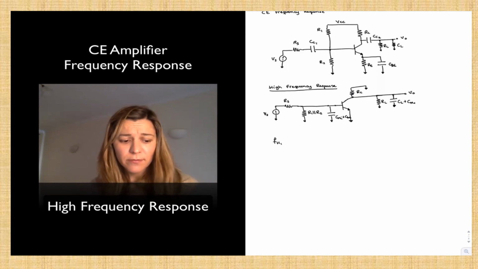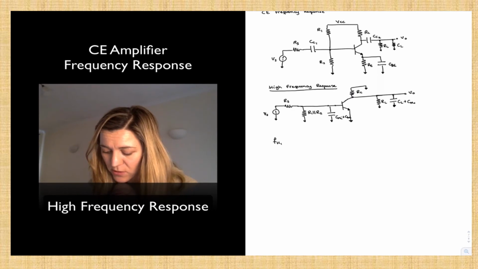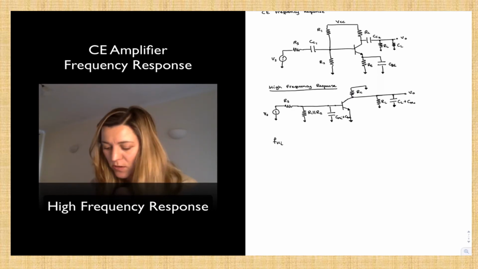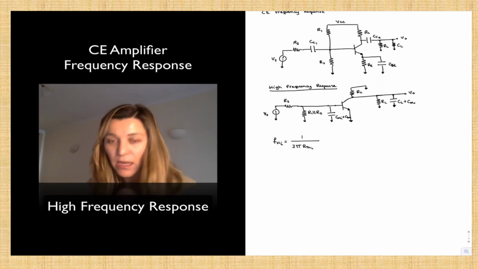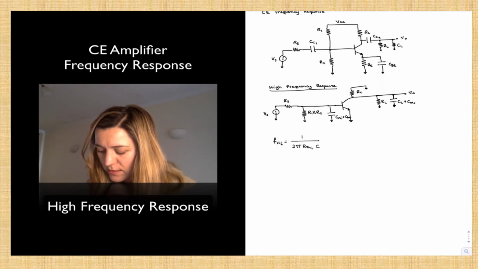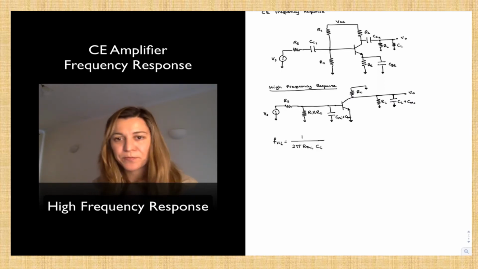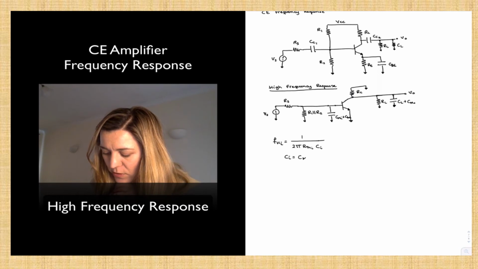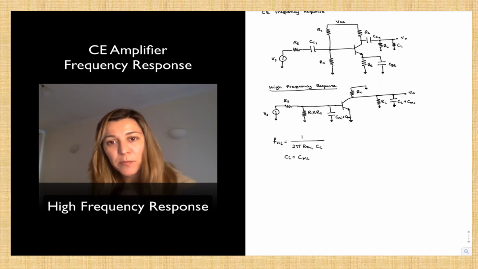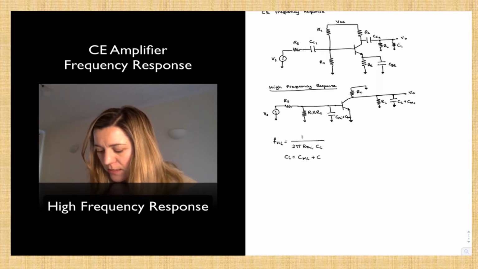So let's go ahead and consider FH1, which is going to be due to the input capacitance. So I'm just going to label it FHI for input. This is going to be equal to 1 divided by 2 pi R Thevenin, I will call it, CI for input capacitance, where I have already determined that my input capacitance is the sum of the Miller input capacitance and CBE.